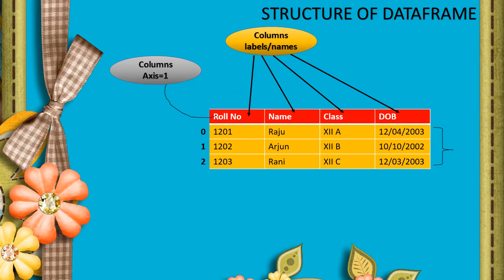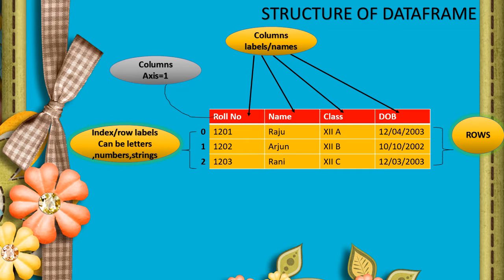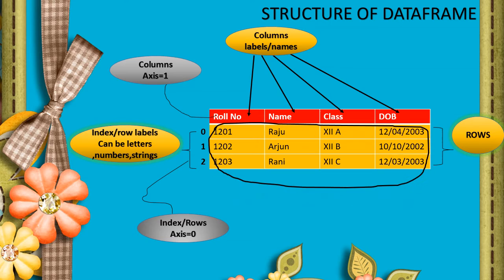There are 3 rows, and the row labels 0, 1, 2 are the default ones. Labels may be letters, strings, numbers. Row index starts at 0, and these are the values in the data frame.